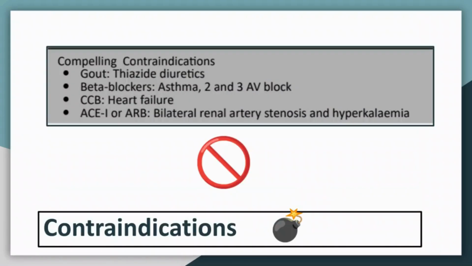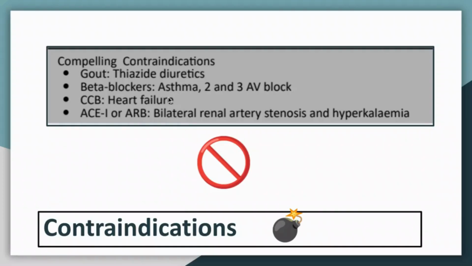But you also have to bear in mind that there are contraindications to antihypertensive medications. For ACE inhibitors or ARBs, remember hyperkalemia and bilateral renal artery stenosis. When there is hyperkalemia and bilateral renal artery stenosis, please don't give an ACE inhibitor or an ARB.